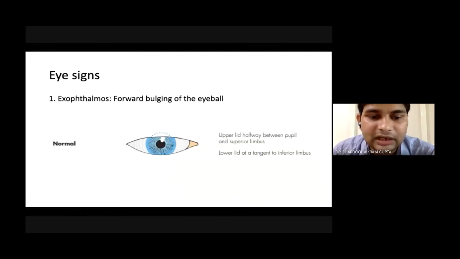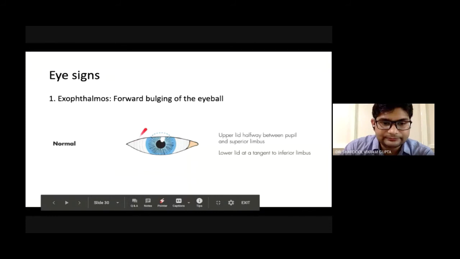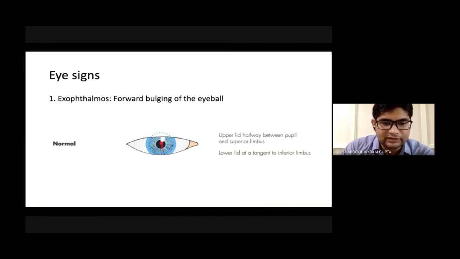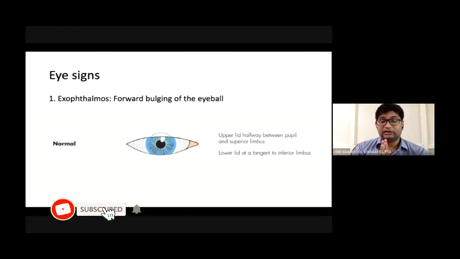This is the superior limbus, the upper margin, and this is the inferior limbus, the lower margin, and this is the pupil. So the upper eyelid will be covering halfway between the pupil and the superior limbus, and the lower eyelid will be at tangent to the inferior limbus. This is clear? Everyone is getting this point? This is seen in a normal patient. Are you getting my point? Okay.